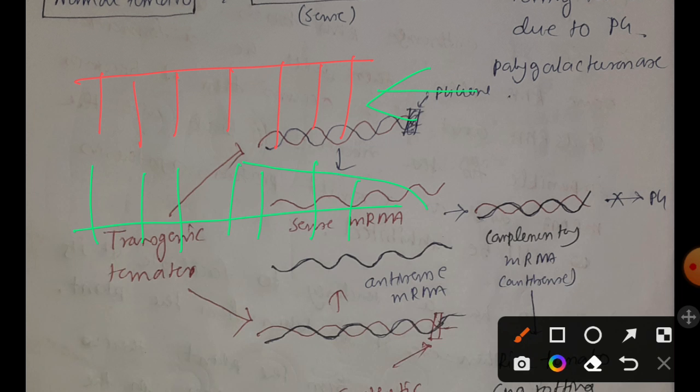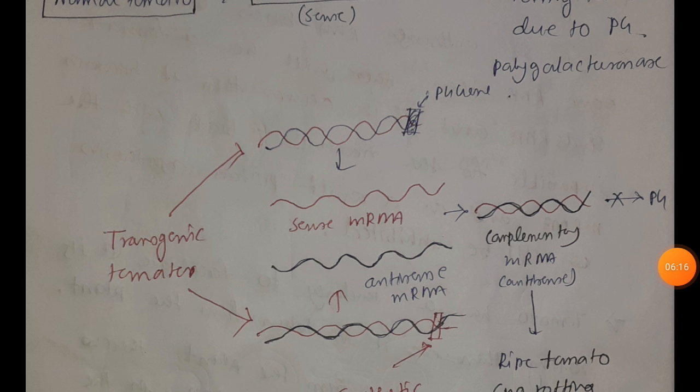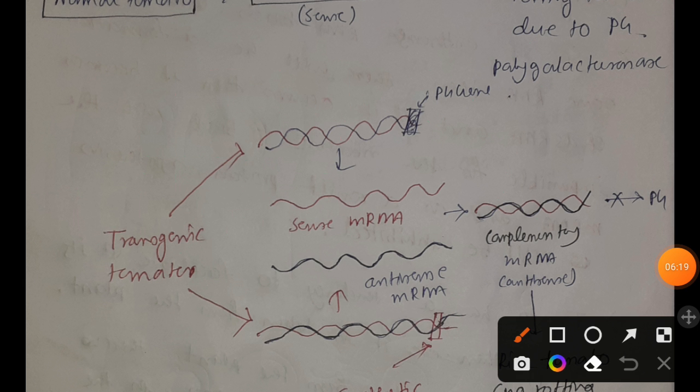Now if I can insert this green single stranded DNA inside the cell somehow, by any means, there will be a chance that this green single stranded DNA will undergo a complementary reaction with the already present red single stranded DNA, because they are complementary to each other, and as a result it will facilitate the formation of a double stranded DNA molecule, right? That is the basic principle of nucleic acid hybridization, right? Similarly, the same thing will be applicable in the case of RNA.